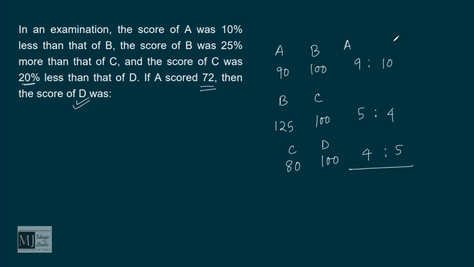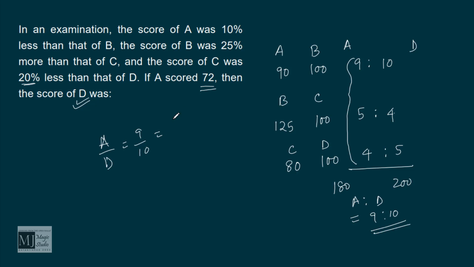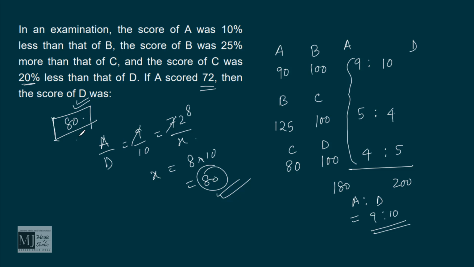I just need the values for A and D. So A would be 9 into 5 into 4, that is 180, and D would be 5 into 4 into 10, that is 200. So the ratio of A is to D is 9 is to 10. So we have A by D is 9 by 10. If A is 72, how much is D? 9 times 8 is 72, so the value of D should be 8 into 10, that is 80. Yes. Type in the answer, type in 80.